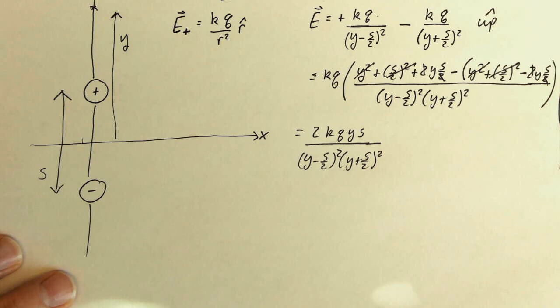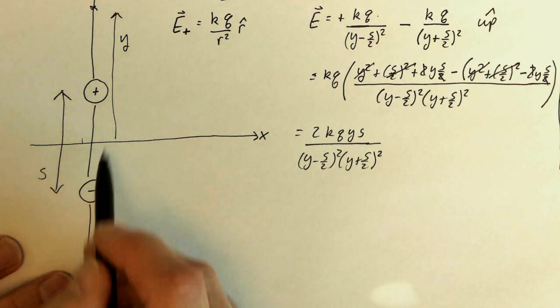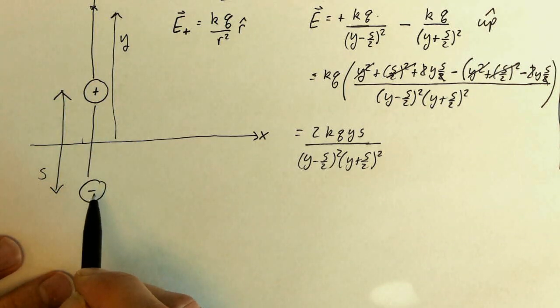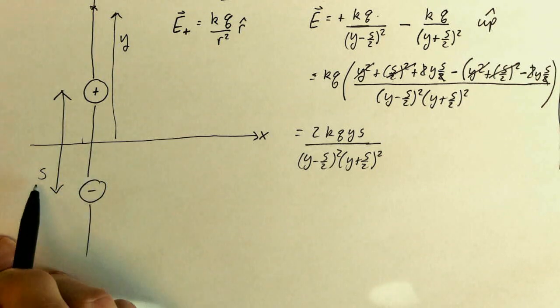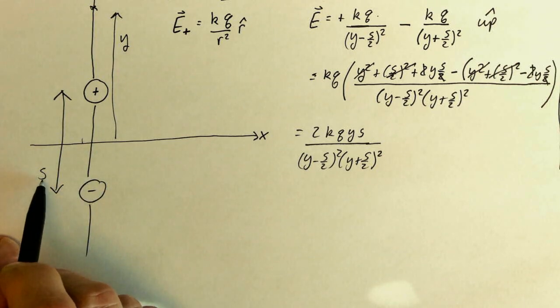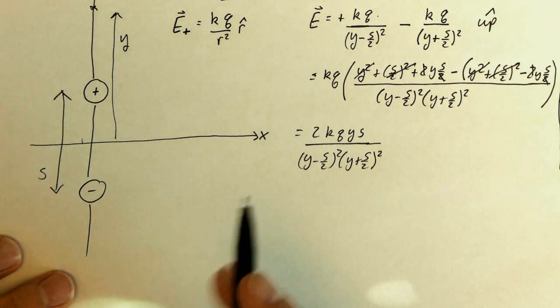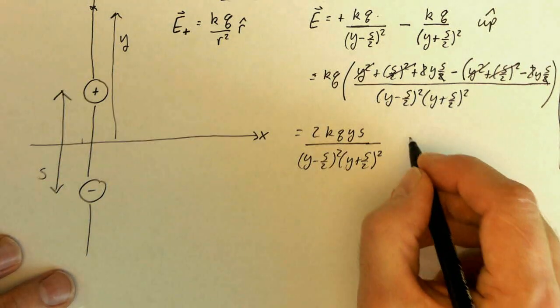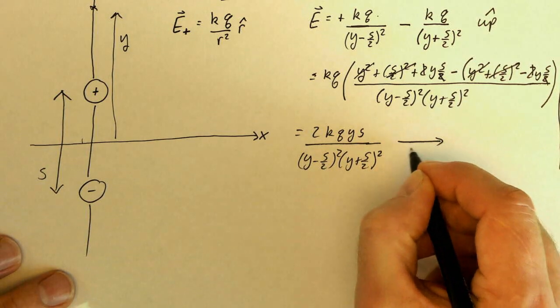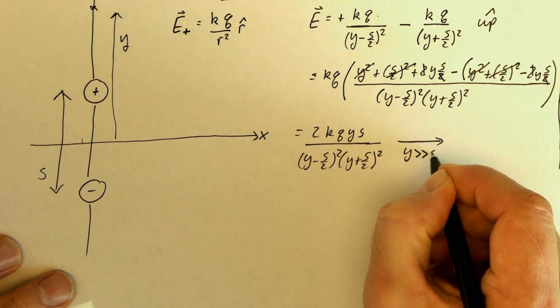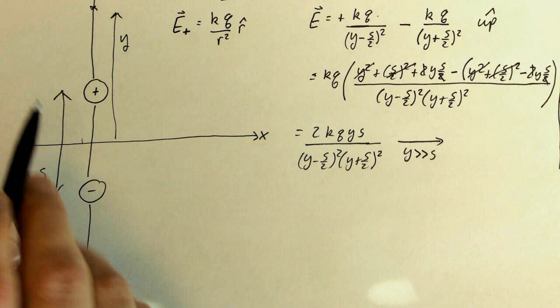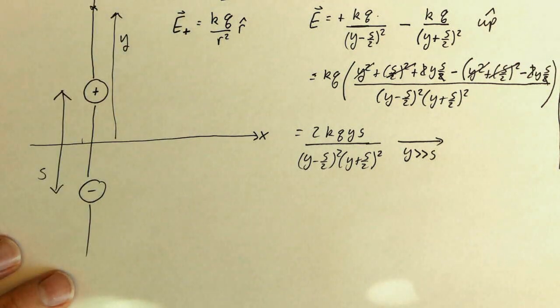And so if I'm even a micron away, then the distance between the two charged particles in a molecule is teeny. S is teeny compared to any y value I would measure. So if I consider that y is much bigger than s, I'm really far away, way up here or way down here. I'm looking really far away from this thing.